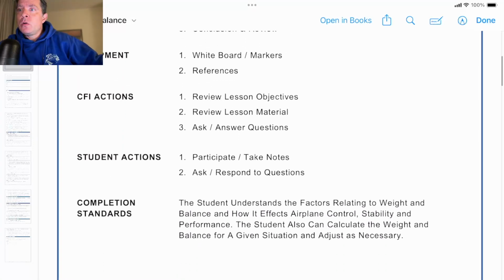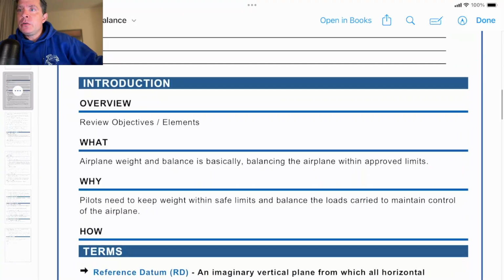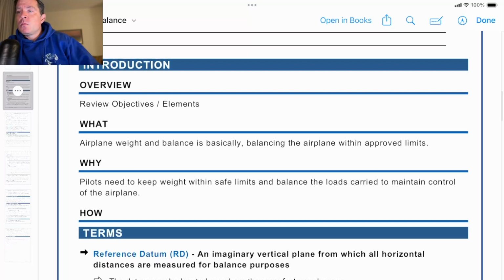So, without further ado, weight and balance is basically balancing the airplane within approved limits. Think about balancing a seesaw.